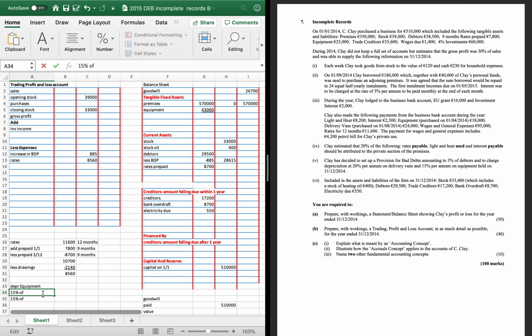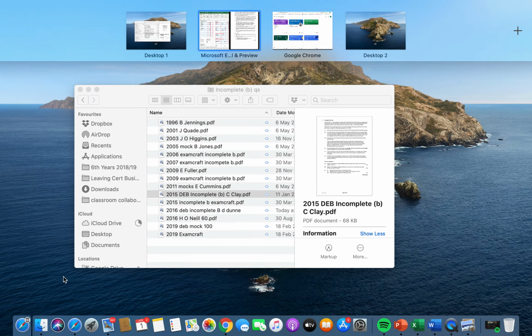So it's 15% of 25,000 by 3 months. For the last 9 months of the year, once you bought the equipment on the date, the 1st of the 4th, wasn't it? Yeah, the 1st of the 4th, your equipment went up to 43,000.